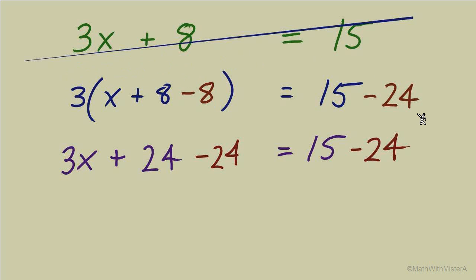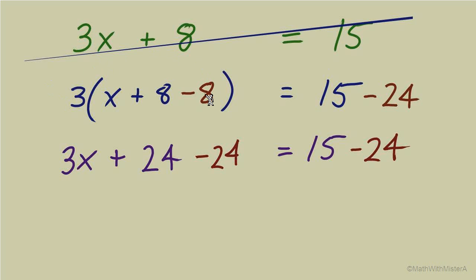We would balance it with a negative 24 on the other side. So we will see some opportunities where we need to place a constant inside parentheses, but the way we balance it on the other side depends on what we see multiplied to this set of parentheses.